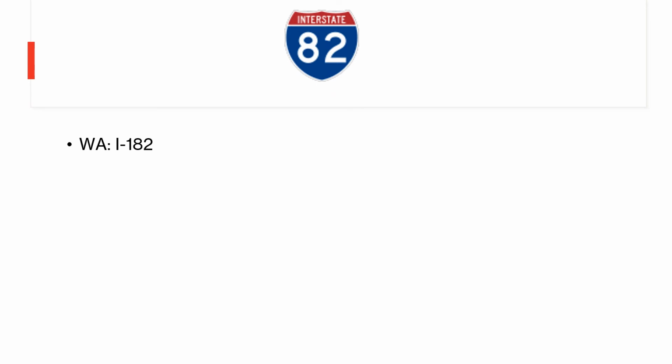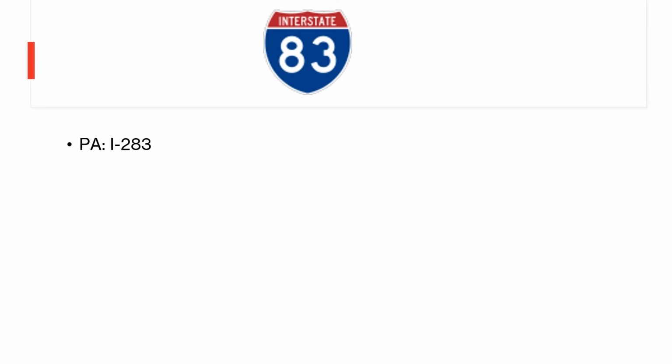I-82, you only have one, and that's in Washington State with Interstate 182. I-83, same deal, you only have one, which is Pennsylvania, and I-283 in the Harrisburg, Pennsylvania area.